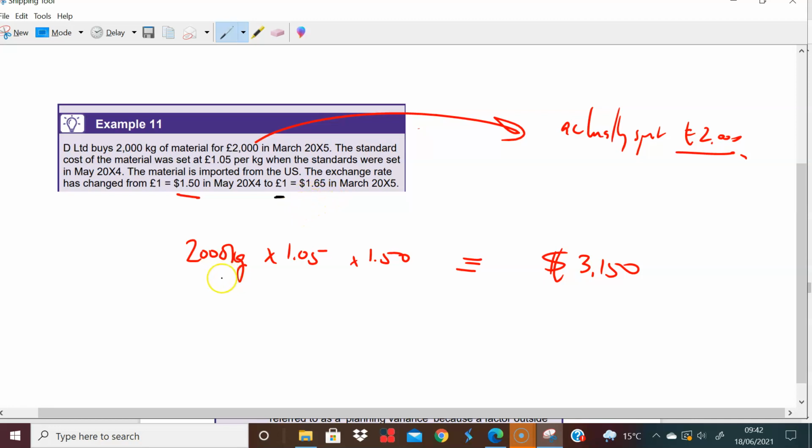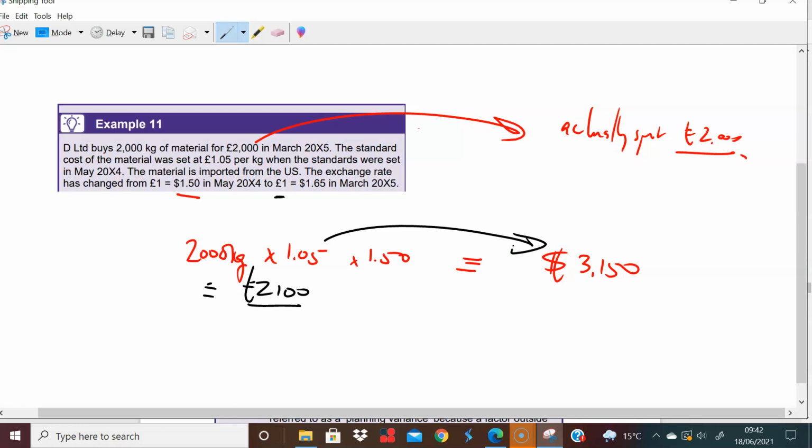Just before I carry on, I should find how much you should actually have spent in pounds. That would have been 2,000 kilograms times £1.05, which is 2,100. So you should have spent £2,100 on this product, which would have given you $3,150. Okay, no problem.